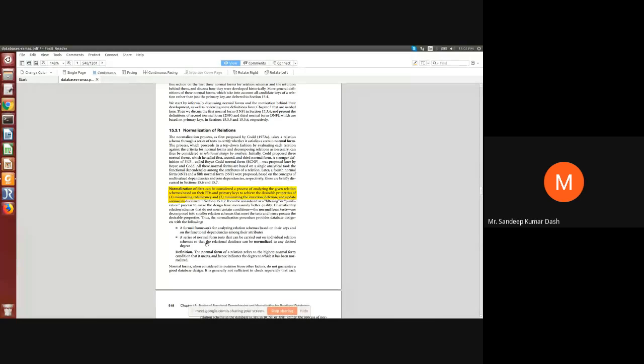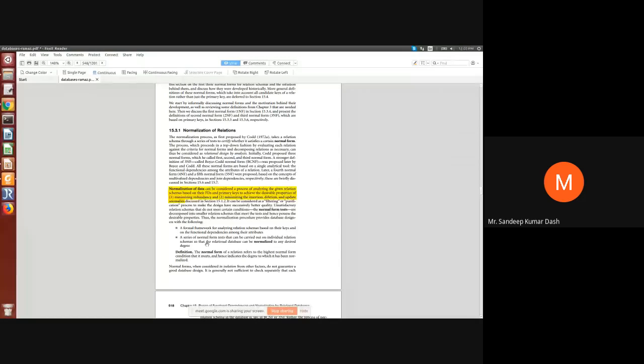That means whatever design principles that you have seen, the 4 design principles, it should cater to or it should meet. Okay, so normalization is nothing but a process in which you are designing such type of database which conforms to the design principles or which are perfect.